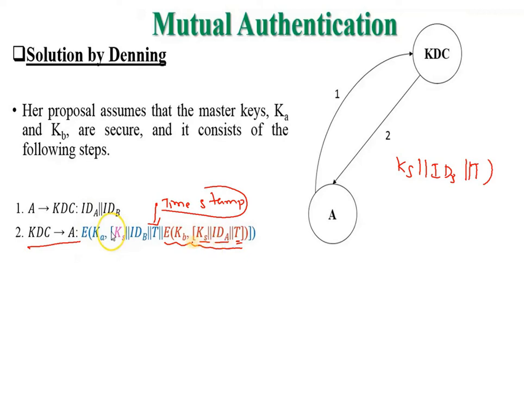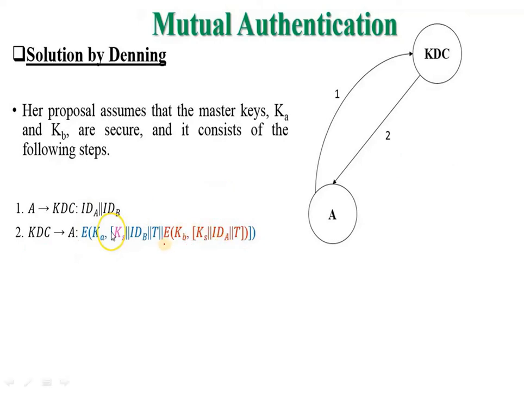All of this is encrypted using KB, that is B's master key. So why has it been shown in red color? Because this can't be decrypted by A, because it is encrypted by the master key of B, right? So A can't decrypt it. A can decrypt only this one, the part which I have highlighted.